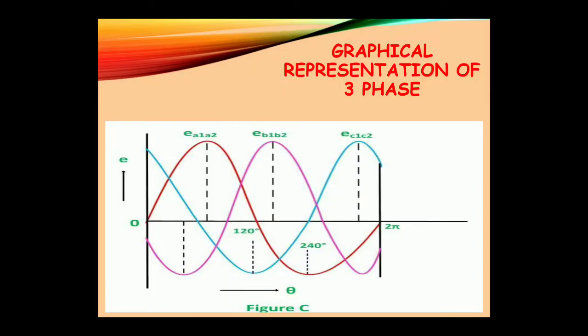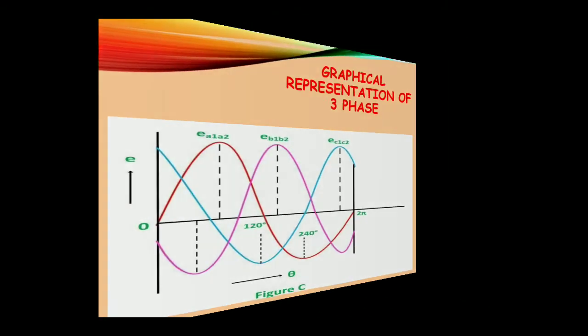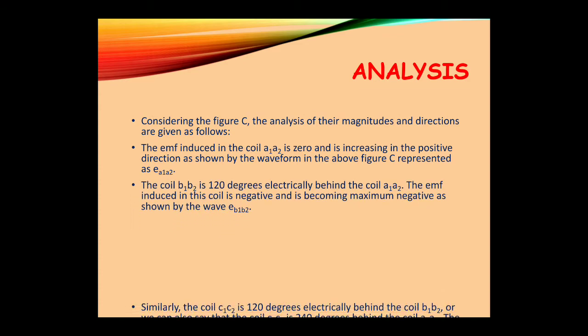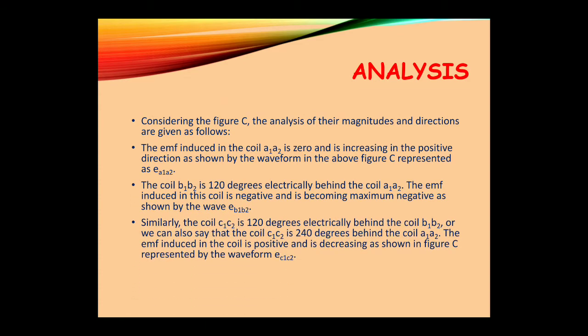Here it is, plus 240 degrees or minus 120 degrees. That is EC1 C2. So that is the analysis of the graphical representation of three phase.